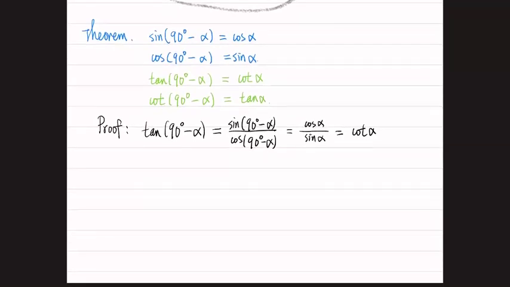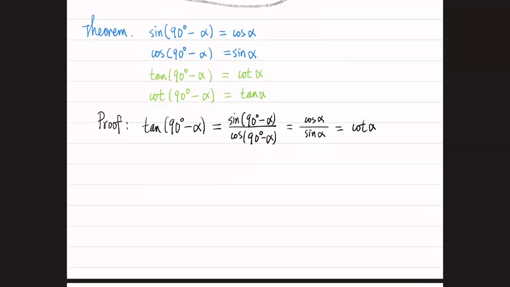Next, supplementary angles. For supplementary angles, we have different formulas.